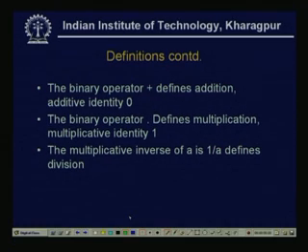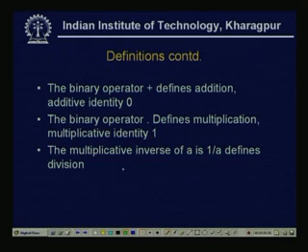So, if we take the two operators plus and dot on the set S, then we can summarize with respect to our identity elements: if the binary operator is plus, which defines addition, then the additive identity is 0, and if we take dot as the operator which defines multiplication, then the multiplicative identity is 1.